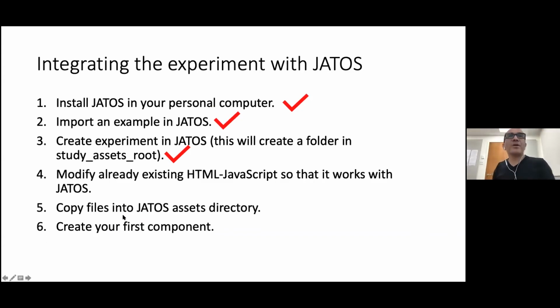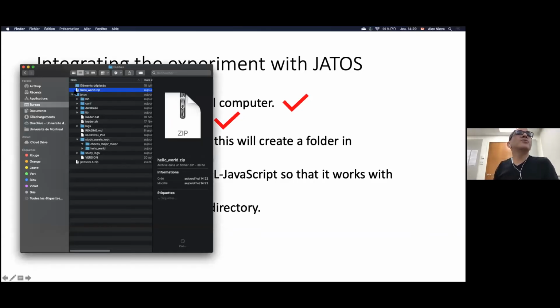Having done that, I'm going to move into these chords major, minor files that I have for this experiment. So please bear with me a minute until I get the files.